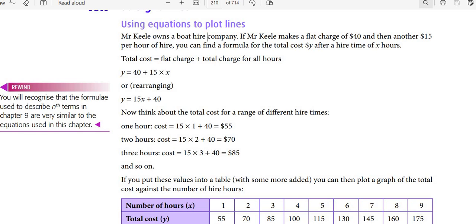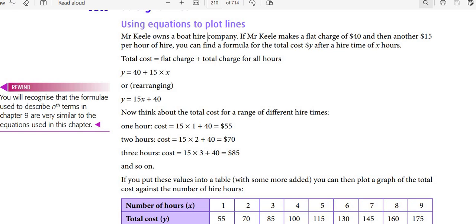Mr. Gill owns a boat hire company. If Mr. Gill makes a flat charge of $40 and then another $15 per hour of hire, you can find a formula for the total cost y after a hire time of x hours. Okay? It says the total cost equals the flat charge plus the total charge for all hours, because how much you're going to be paying for the hire depends on how many hours you will be hiring that boat.